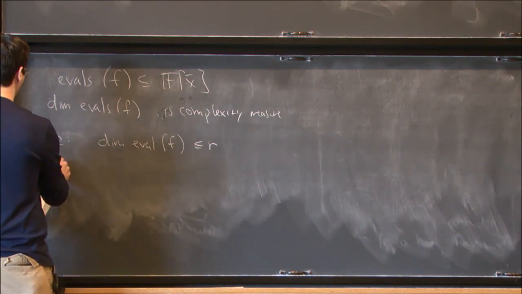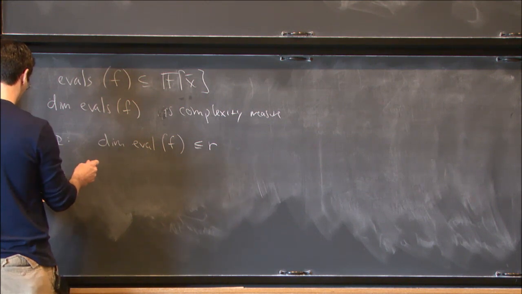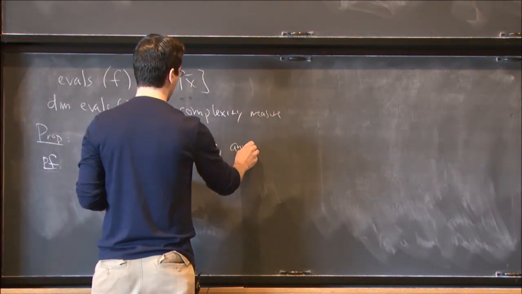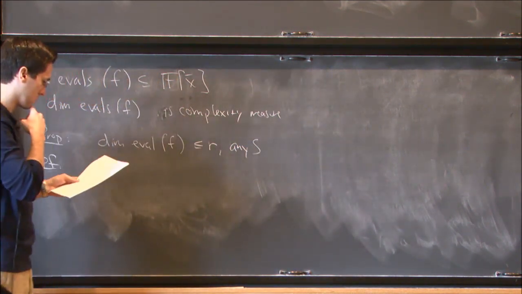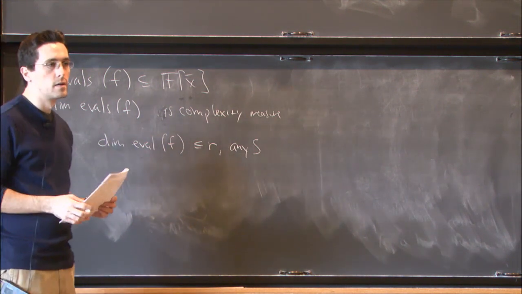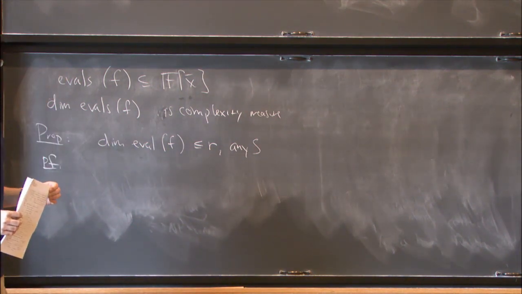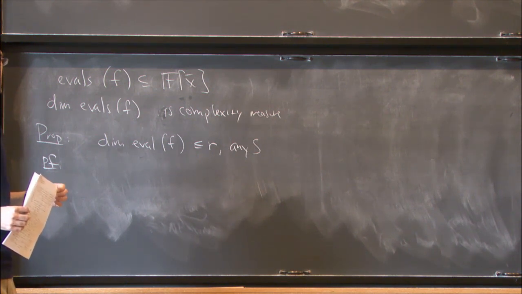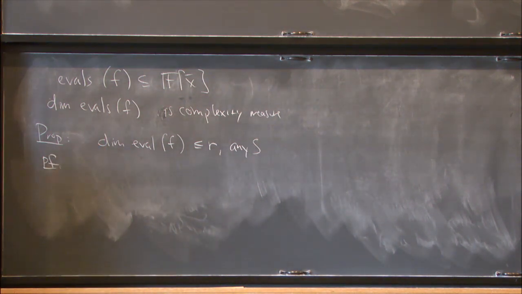OK. So what is the proof? This will be true for any set S that you choose, actually. So this only gives you a coefficient which is constant in the field. Maybe I won't write it, but basically, I'm a bit pedantic sometimes.